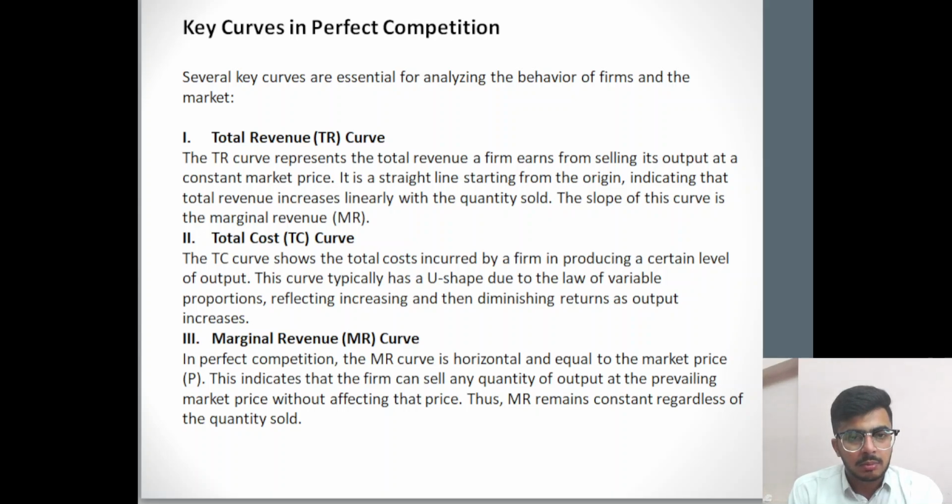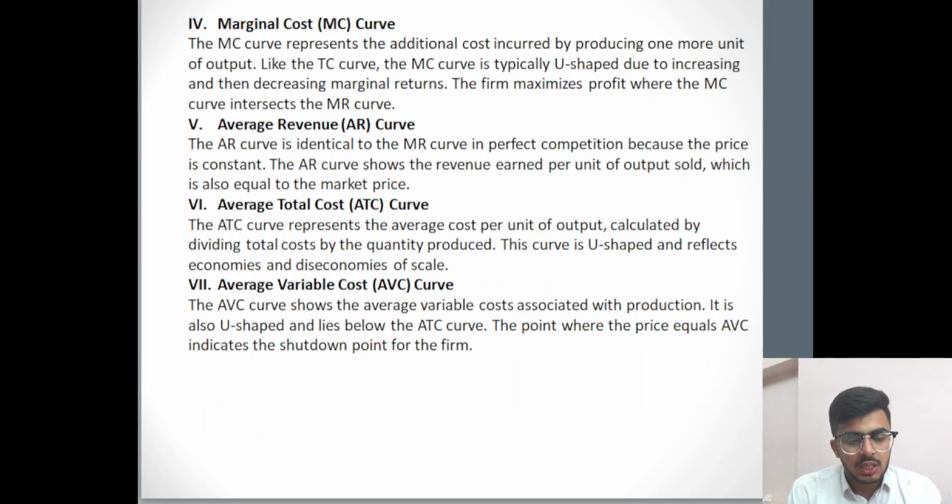The third one is marginal revenue, which is horizontal and equals the market price. Marginal cost, MC, is U-shaped and intersects MR at equilibrium.